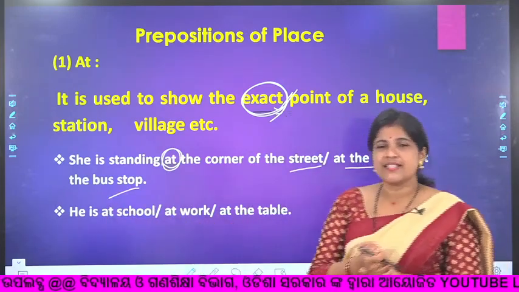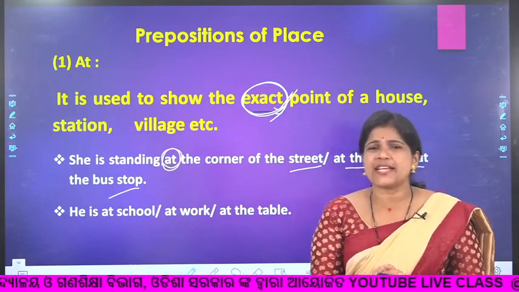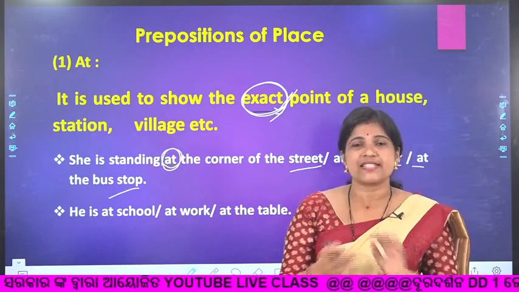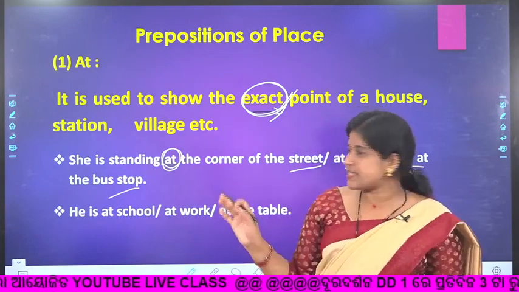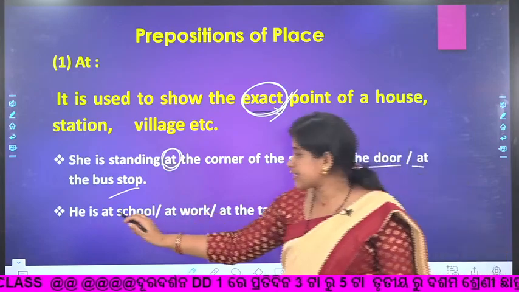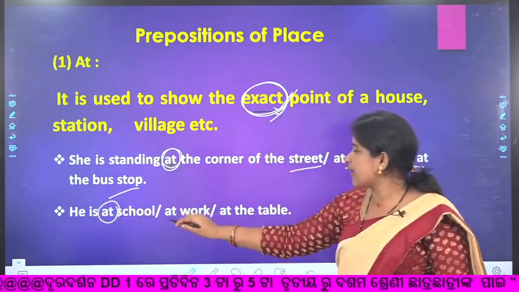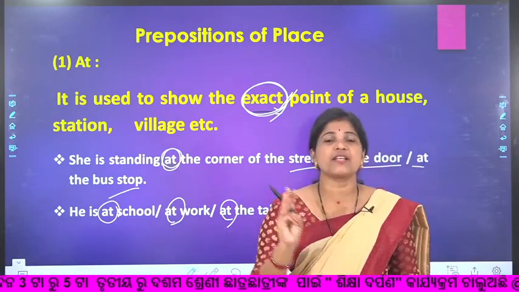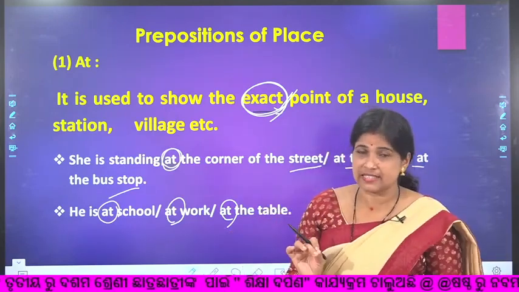Wherever she may be standing, the place is very specific and there will be no doubt where she is standing. So that means it is very specific. Then comes he is at school and at work or at the table.